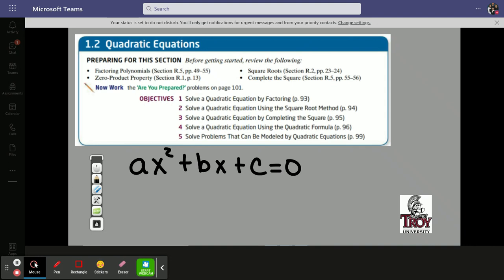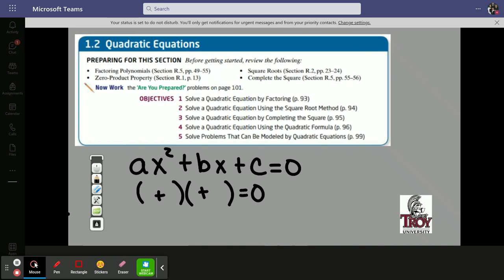All right, we gotta break this down. We gotta factor this. So we gotta break it up into pieces, parts, okay? And they're going to get broken down into two binomials, right? If my C is positive and B is positive, your signs there are both going to be positive.